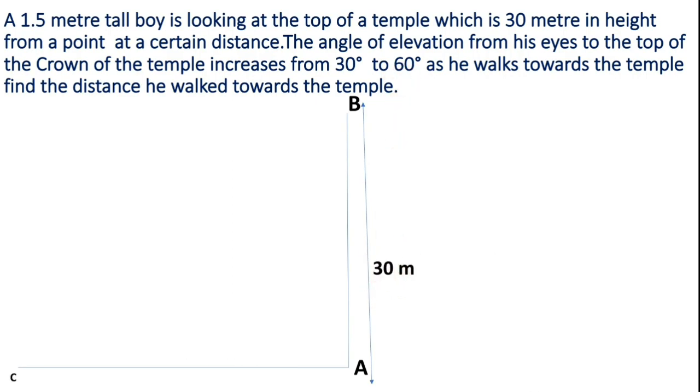Now at C, CD indicates the boy. At C the boy is here, so we have to draw a line which indicates the boy. So the CD line indicates the boy, and clearly the height of the boy is given as 1.5 meters, so CD length becomes 1.5 meters.